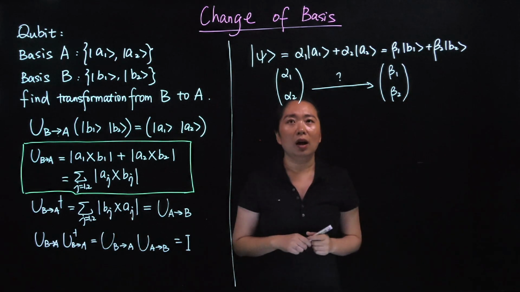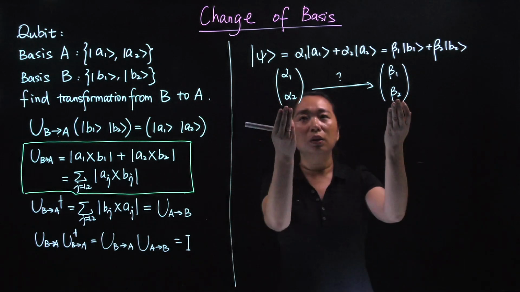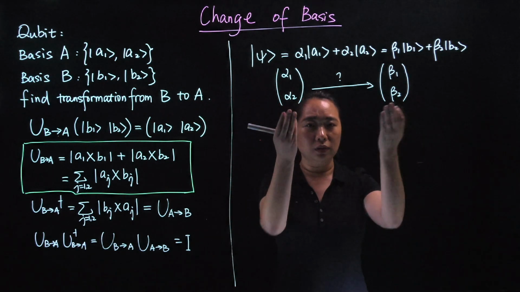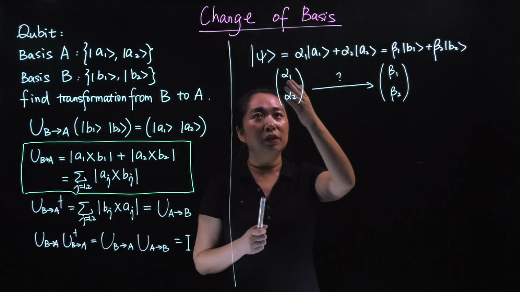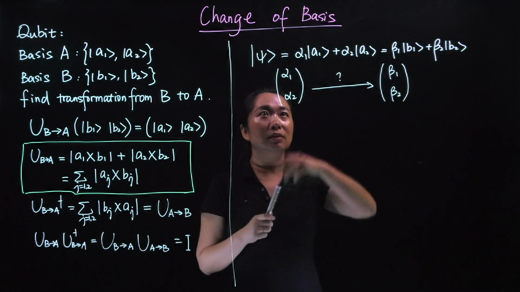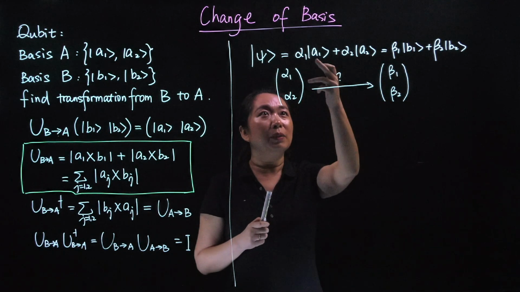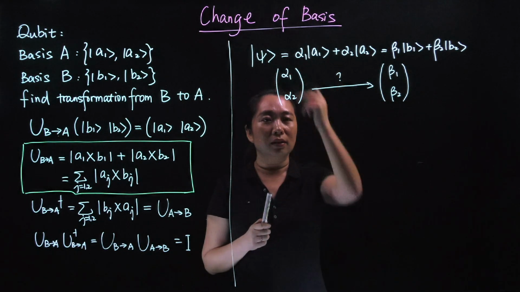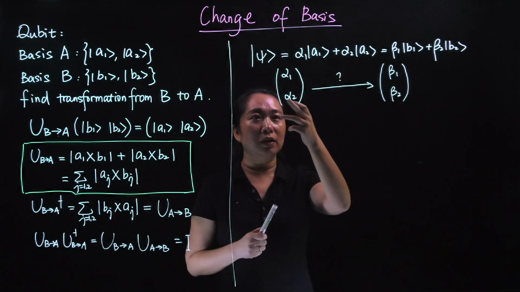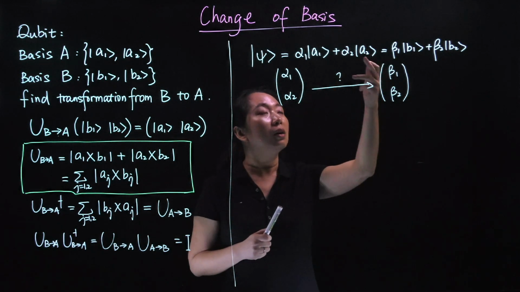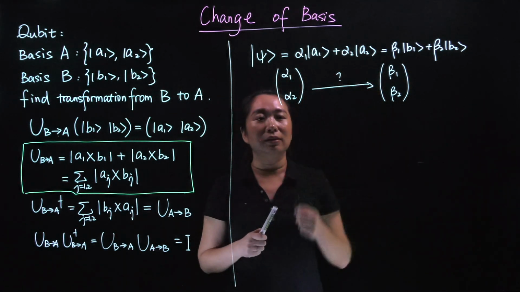How do we relate these two columns of coefficients? First, let's recognize the coefficient alpha 1 as the inner product between the bra A1 and state psi. And the coefficient alpha 2 is the inner product of A2 and the state psi.